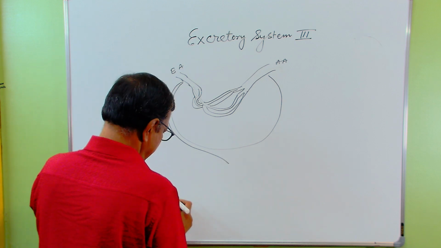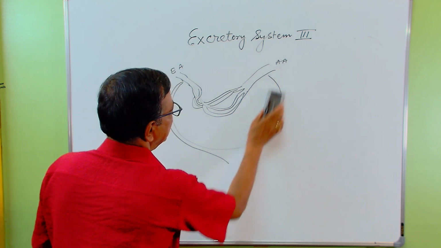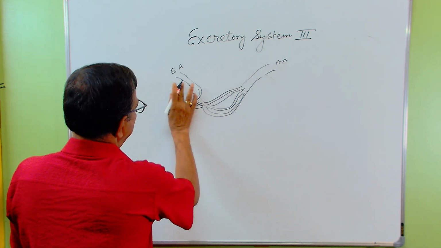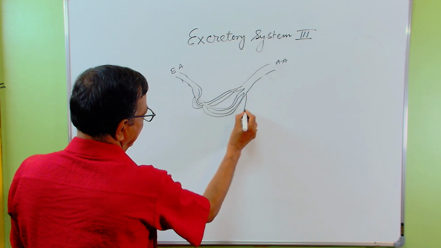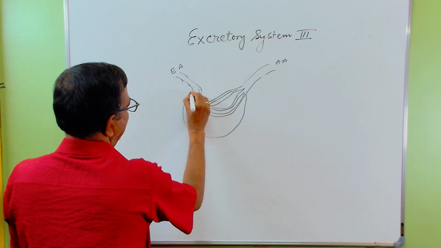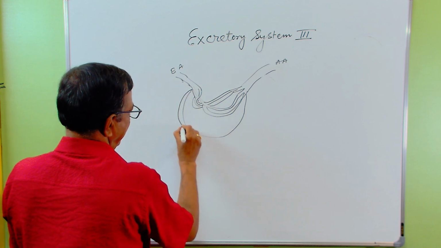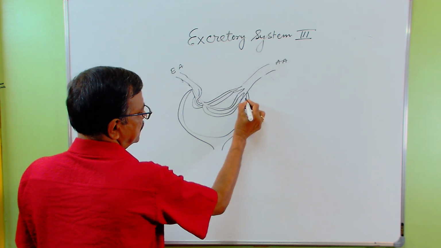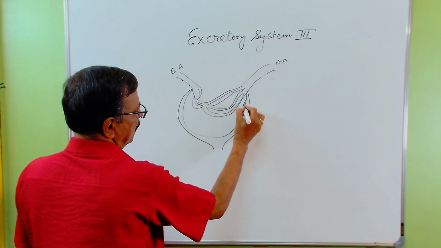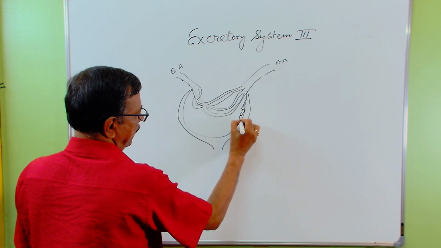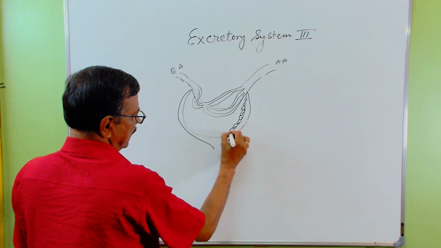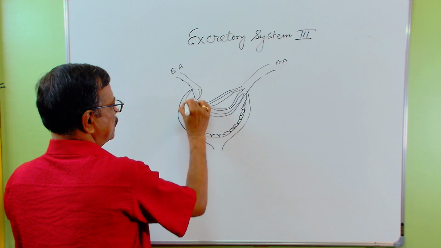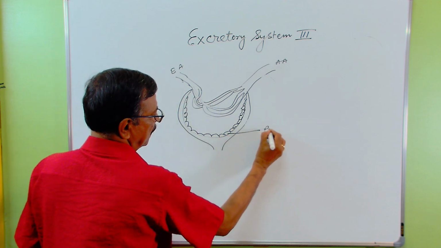What we have come across, that afferent arteriole, when it remains in the glomerulus, let us make a little smaller one. These are all podocytes. The inner one, or the visceral layer of the Bowman's capsule, is called podocytes.